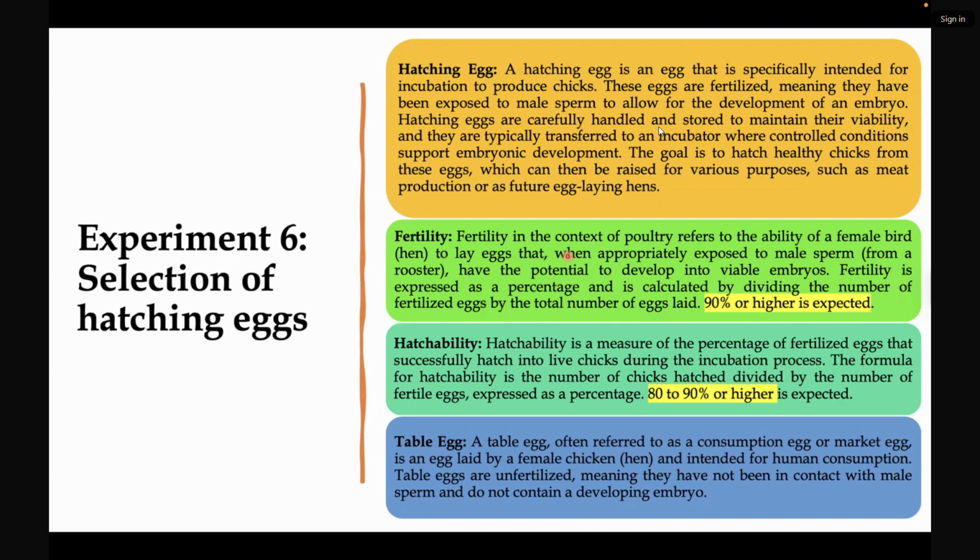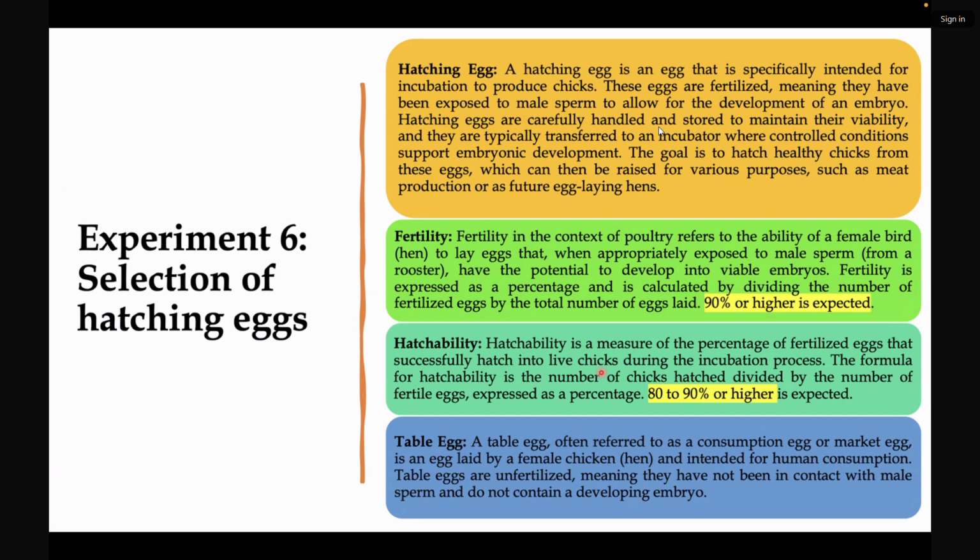I would say that if we are considering only the fertile eggs, শুধুমাত্র ফার্টাইল এগ থেকে যদি আমরা হ্যাচাবিলিটি কাউন্ট করতে যাই, তখন সেখানে 90 or above is expected. But if we are calculating the hatchability from all the eggs received from the farm, whether fertile or non-fertile, supposed to be all fertile but maybe for some reason missed, সেই ক্ষেত্রে হ্যাচাবিলিটি is accepted up to as low as 80%, 80% পর্যন্ত সেখানে অ্যাকসেপ্টেড করা হয়। Okay.